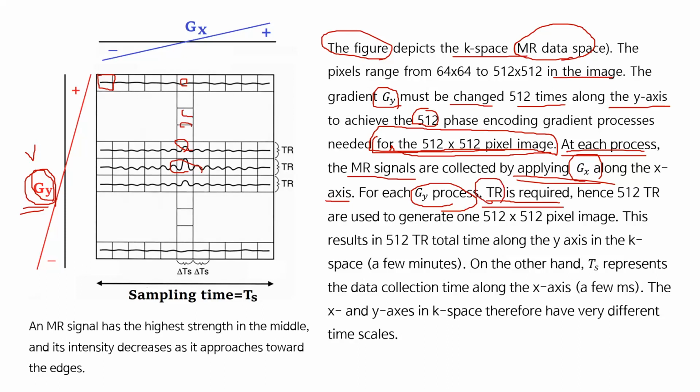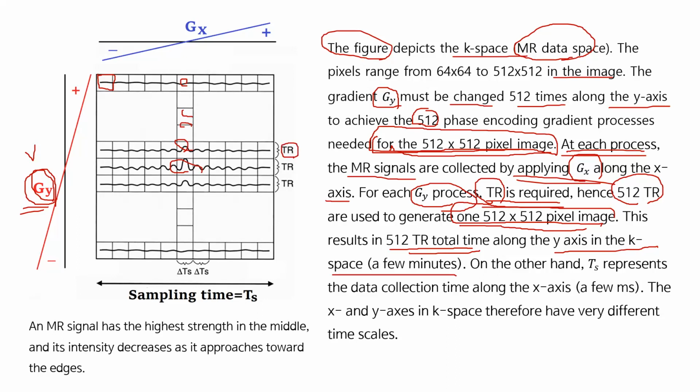Hence, 512 TR times are used to generate one 512 by 512 pixel image. This results in 512 total time along the y-axis in the K-space. So in this direction, for each MR signal, we need time of TR.